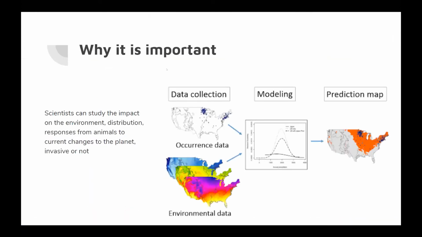And then, so why is this important? It's kind of sad how we have to do this stuff, but it's extremely important, because we have to map out the climate, like what impact the organism has on the environment, or if it's invasive, if it's invading the area, or if it's endangered.